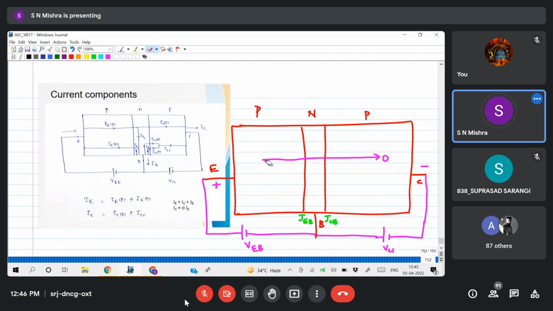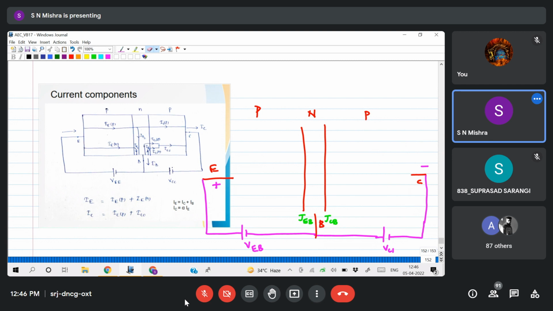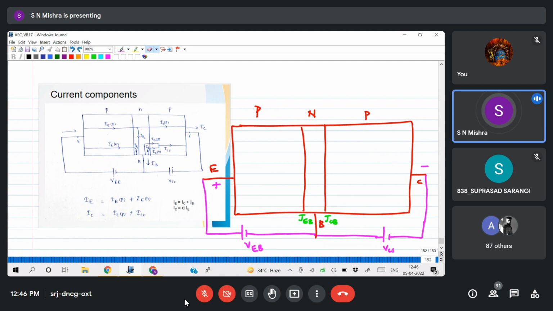Now consider the first PN junction, the emitter base junction. Is this junction forward biased or reverse biased, tell me? Are you able to visualize this junction? This is a PN junction. This is forward biased.